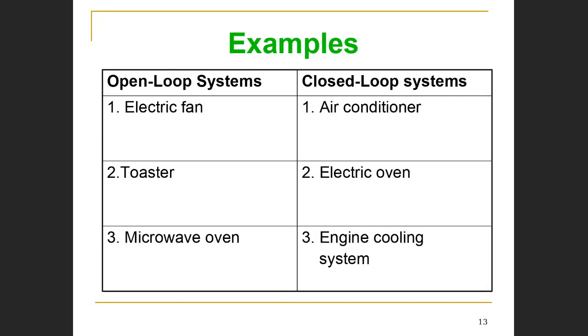To complete this discussion on open loop and closed loop systems, examples include the electric fan. The fan speed is maintained based on a switch position. There's no need for measuring the blade speed because nobody is going to be hanging anything on those blades.